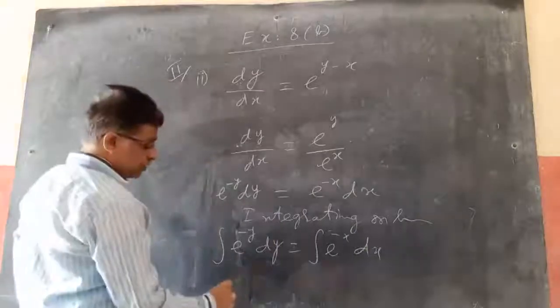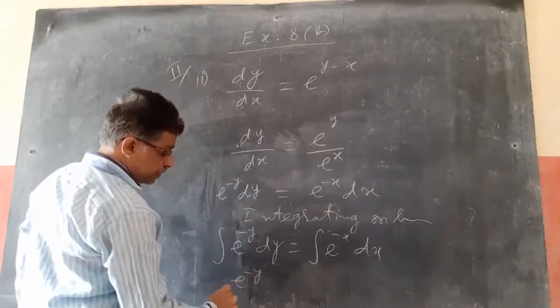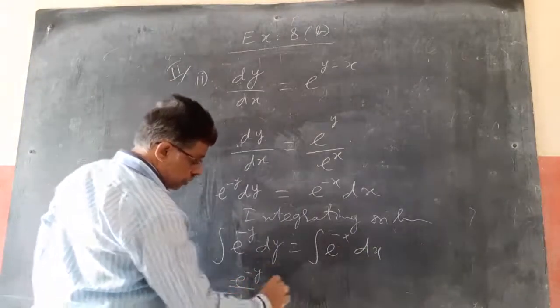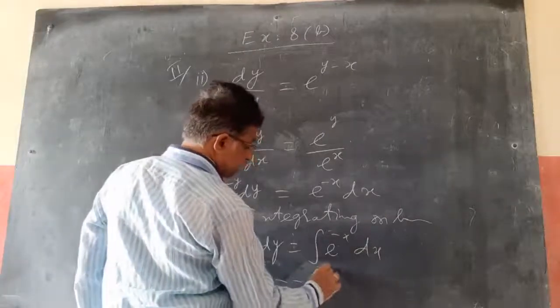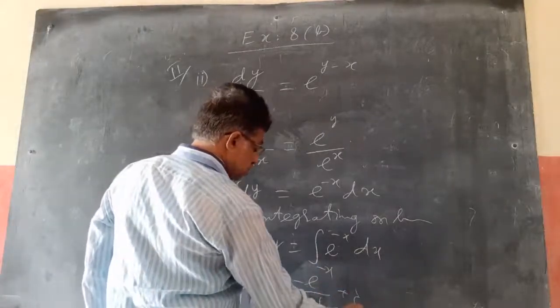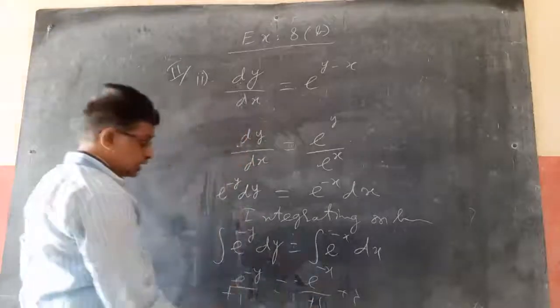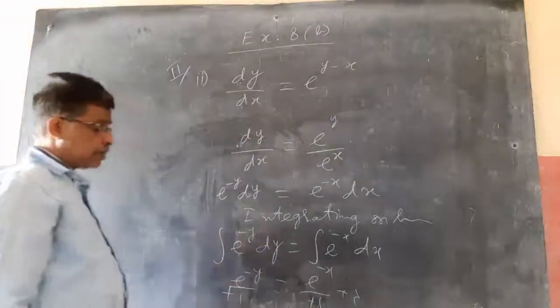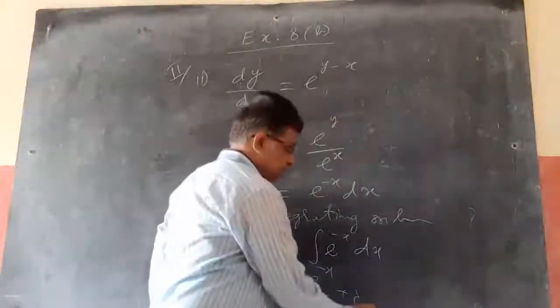So e power minus y dy means e power minus y by minus 1 equal to e power minus x by minus 1 plus c. The minus signs cancel on both sides, becomes e power minus y equal to e power minus x plus c, is the required equation.